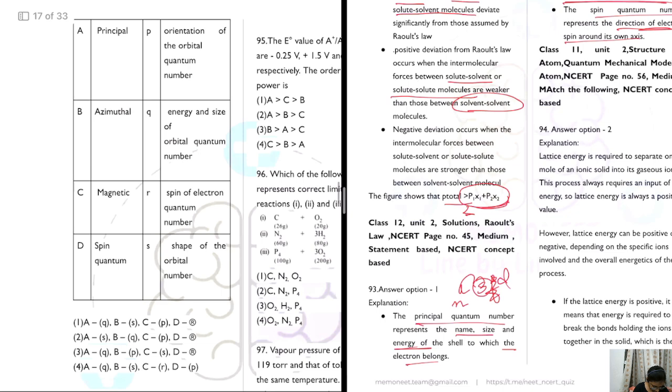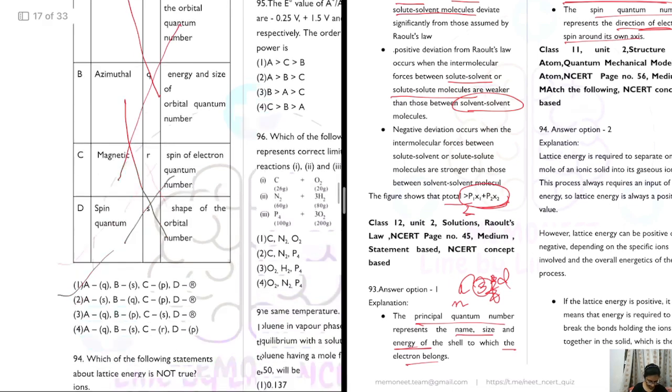Azimuthal quantum number will tell us about the shape of the orbital. Magnetic quantum number will tell us about orientation, and spin quantum number about spin. Yes, so this is the correct answer.